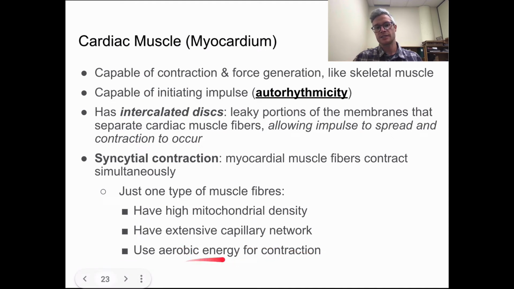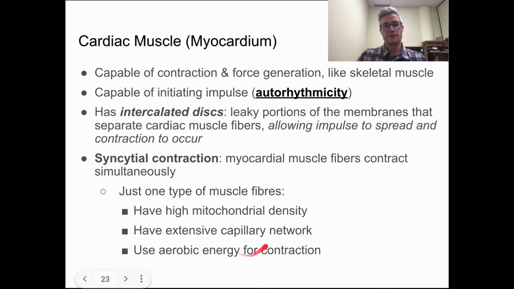Similarly, it uses aerobic energy for contracting. But the other point to make clear that's special about myocardium versus skeletal muscle is that it has a very, very extensive capillary network. As you recall from last lecture, capillaries are single-cell-thick blood vessels that allow lots of oxygen to be delivered.